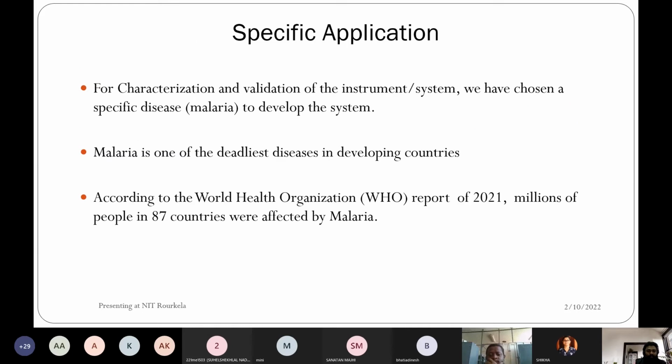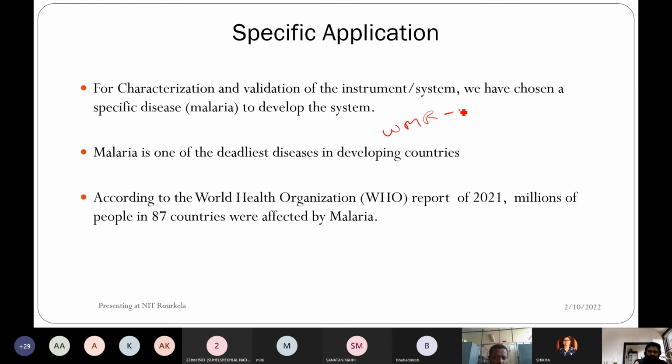To develop this instrument, for the initial characterization and validation of the technique and the instrument system that we developed, we have chosen a specific disease, malaria. As we know, malaria is one of the deadliest diseases, especially in developing countries. How much are you aware of the World Malaria Report?